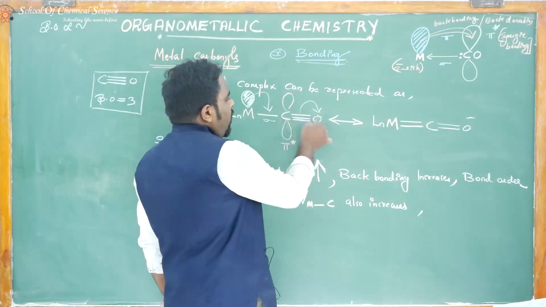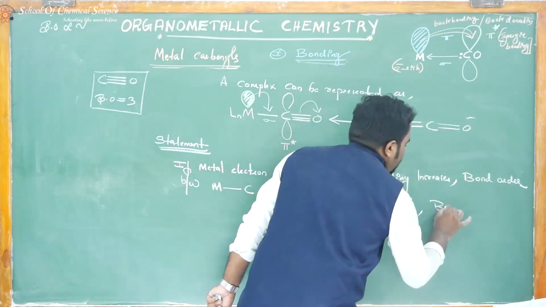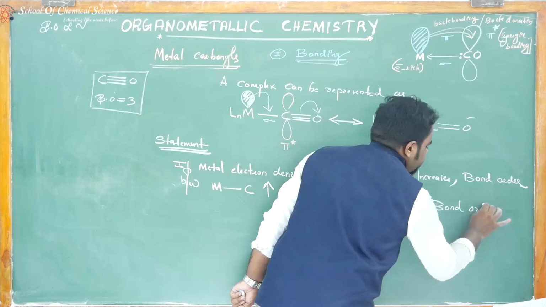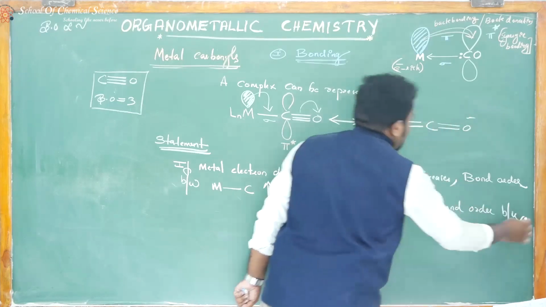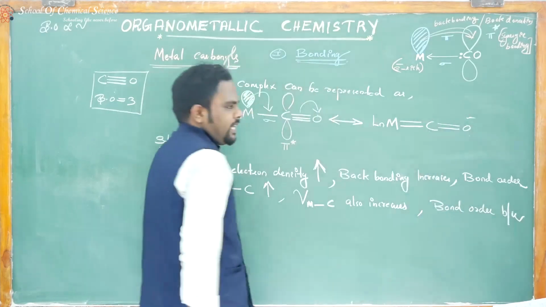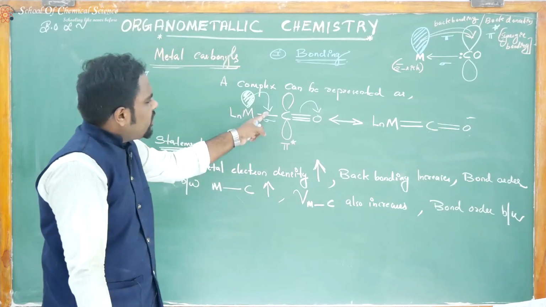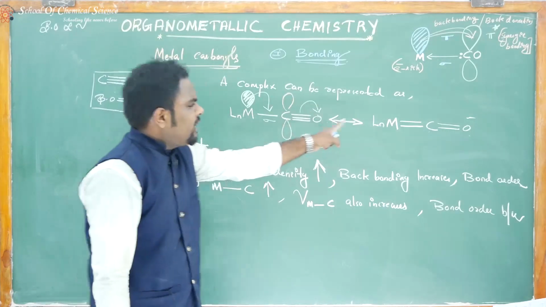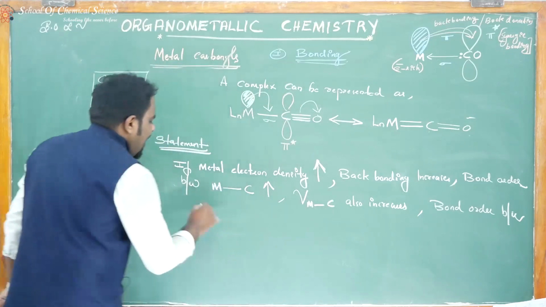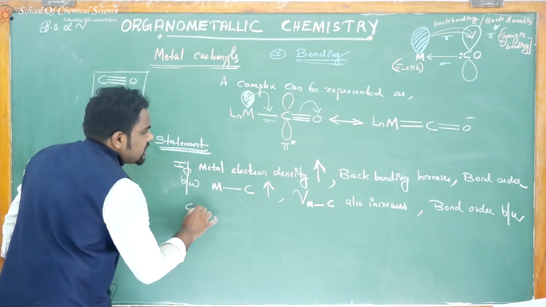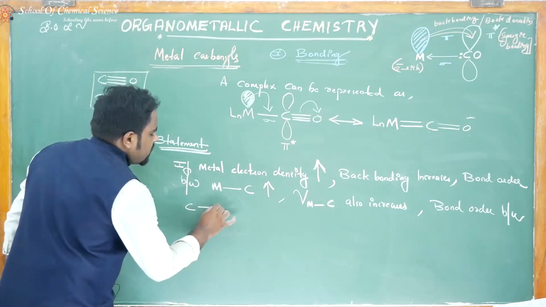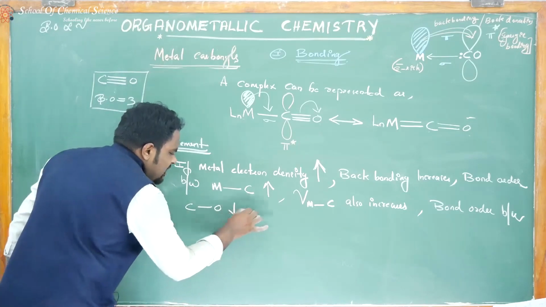Then the bond order between carbon and oxygen: as a result of back bonding, this bond is shifted towards this side. So the bond order between carbon and oxygen decreases.